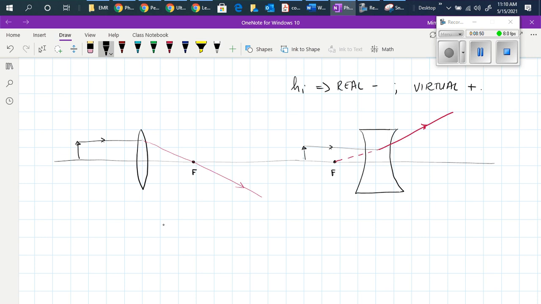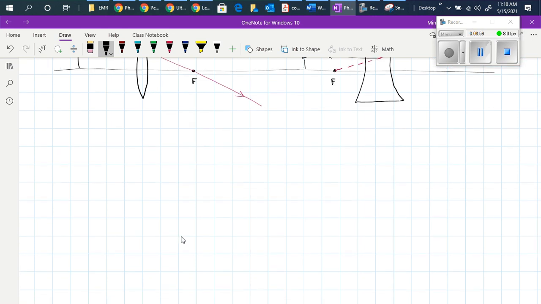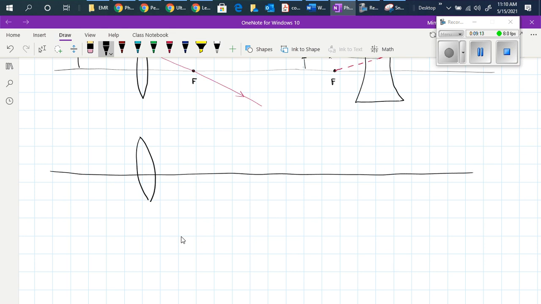The second law that I just mentioned is that when a ray is passing through the focal point, then it is reflected parallel to the principal axis. So when we have lenses, here is the principal axis, then here is the focal point, then you have the incident ray, and it is reflected parallel to the principal axis.